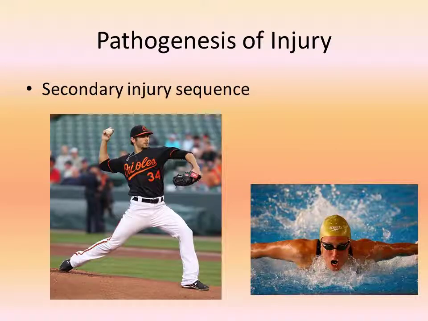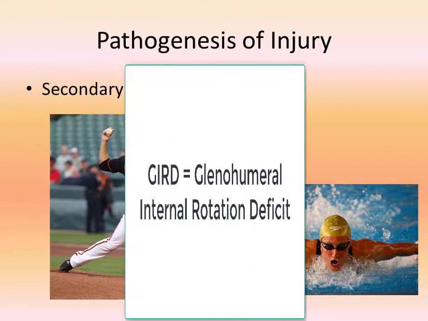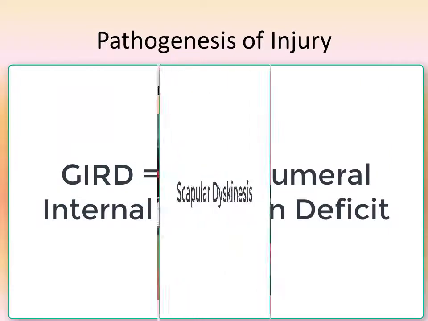There is also a secondary injury sequence. When we think about deceleration of the arm after ball release during throwing, there are very high tensile forces on the posterior rotator cuff and joint capsule. This leads to a decreased internal rotation of the glenohumeral joint, also called GIRD, G-I-R-D.